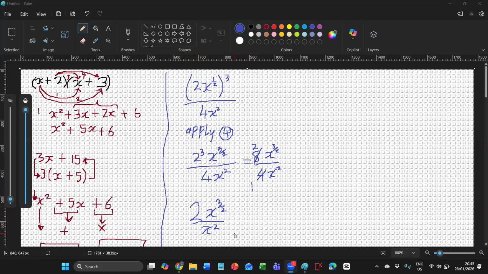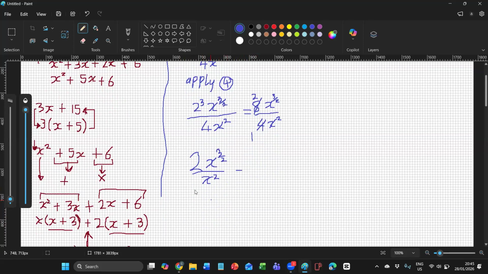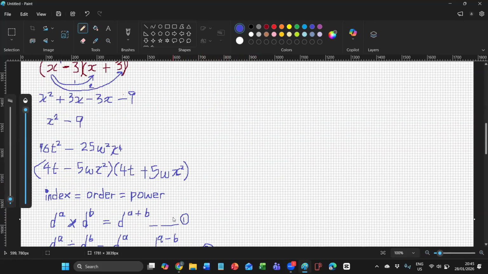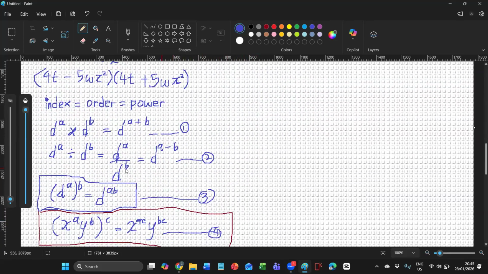So the next thing that's going to happen now is that I'm going to apply law 2. Now let's look at law 2 quickly before the laptop goes off. Can you see law 2? Let me put another color around it. Let me put purple around it. This is law 2.